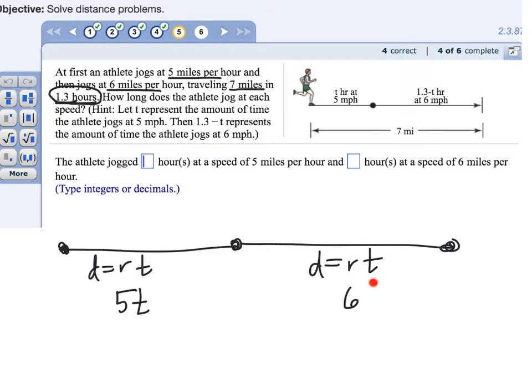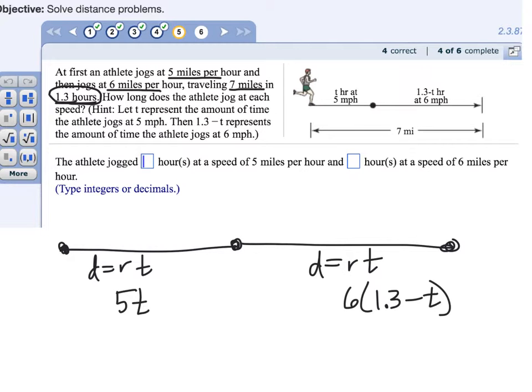Now, do we know how long he jogged at 6 miles an hour? No. But we know that his total time was 1.3 hours. So his time over here is going to be 1.3 minus t, because whatever time he used up here, you got to subtract from the 1.3, and that's what's left over running at this speed.